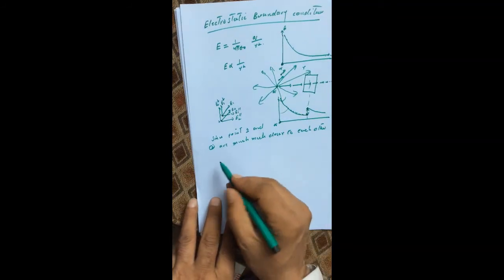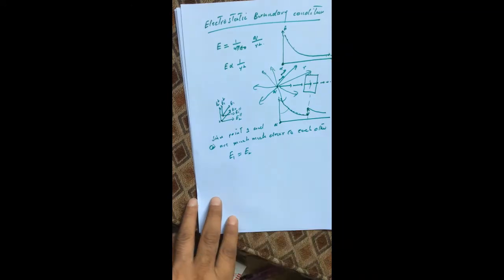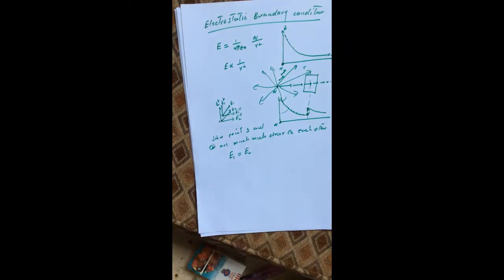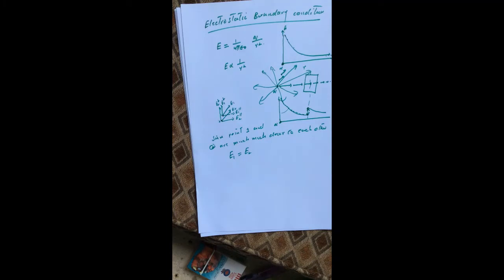So we can say that electric field at point 1 is equal to electric field at point 2. There is a small difference, but we neglect that difference, and we assume that the electric field at point 1 and at point 2 are the same.